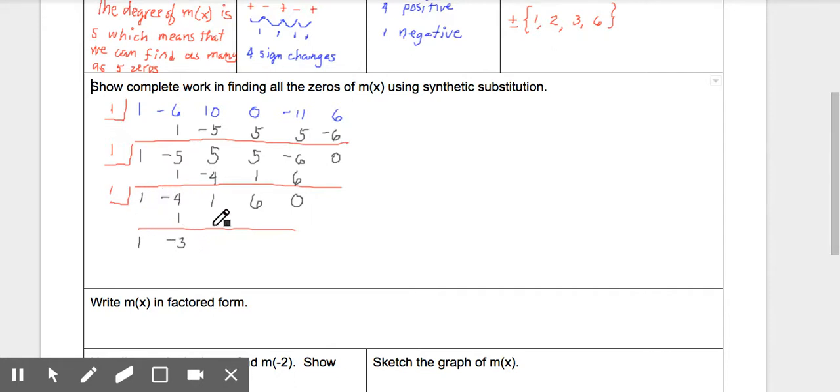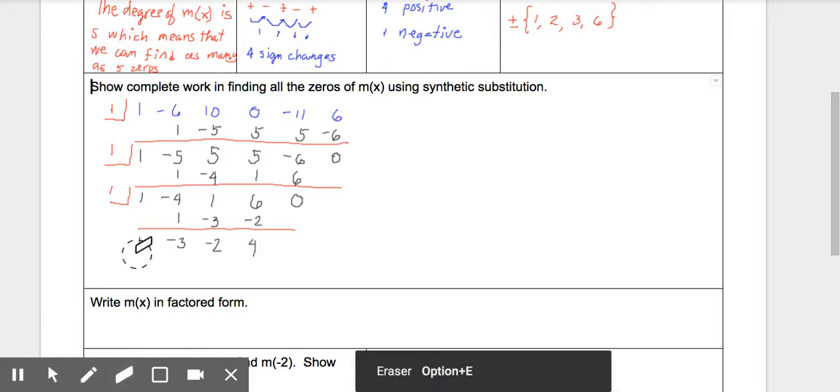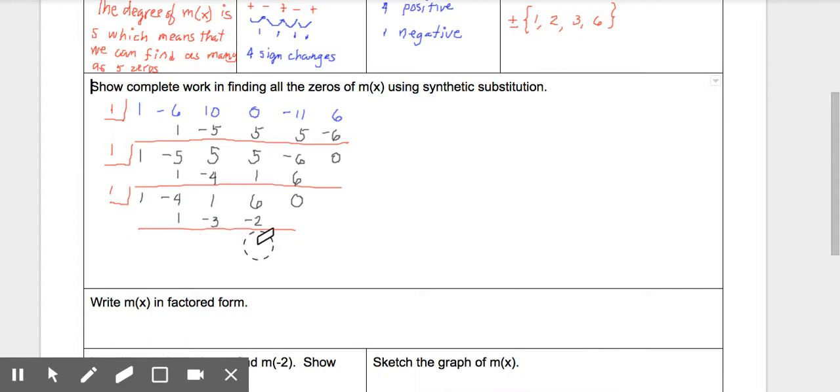Negative 3 times 1 is negative 3. This gives us negative 2. Negative 2 times 1 is negative 2. 6 minus 2 is 4. So 1 is not a 0 anymore. So it's a 0 2 times. Therefore, we're going to try something else.